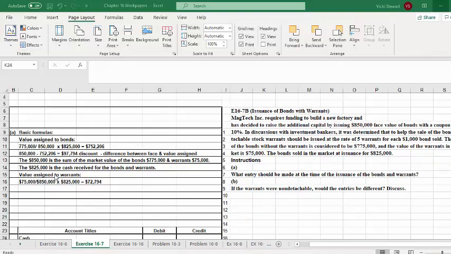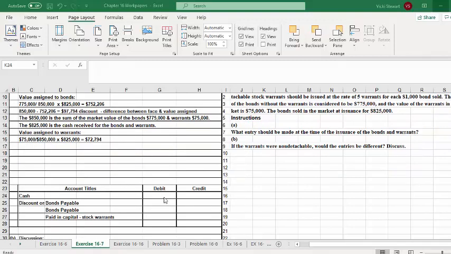The value that would be assigned to the warrants is their standalone, which was $75,000, divided by the total standalone of $850,000 times the bundle price of $825,000, or $72,794.